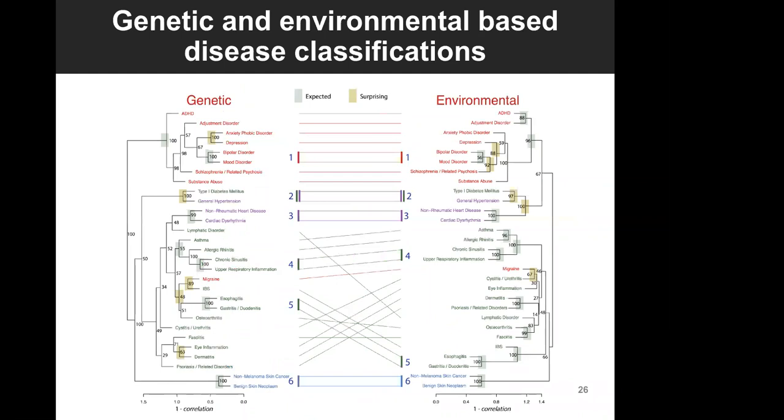So we compare our analysis classification with what's already available, and we see that there are a couple of stable clusters that are surprising. Within the neuropsychiatric diseases, we see anxiety and depression have very stable and highly correlated genetic correlations.